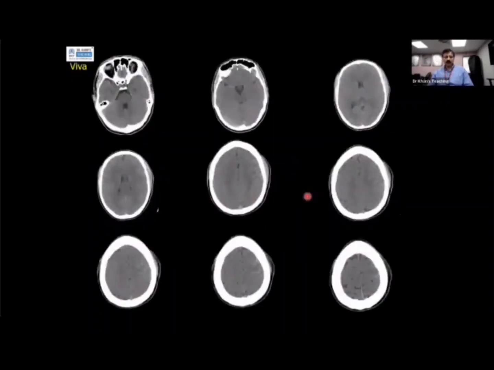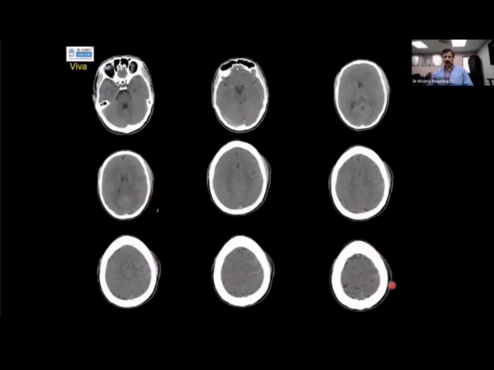Any subarachnoid hemorrhage here? Candidate 5? In the left, left parietal, temporoparietal. Yeah, left. So the learning point here is that it becomes an easy case because you can see the same thing on multiple slices.